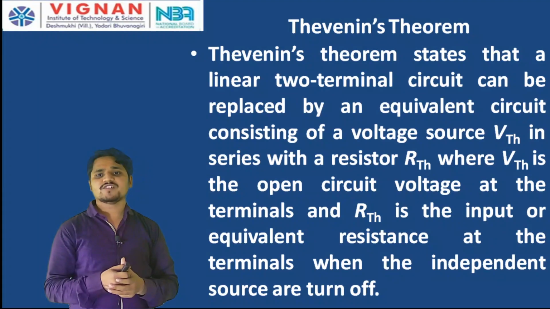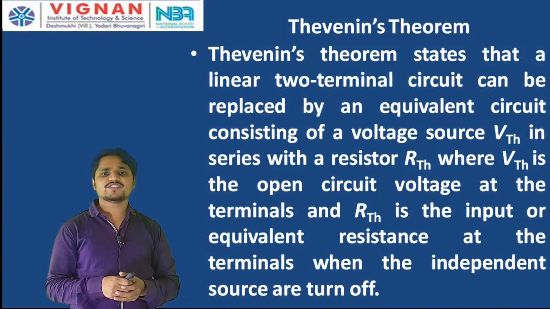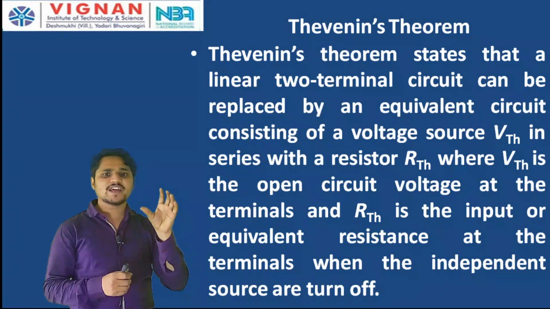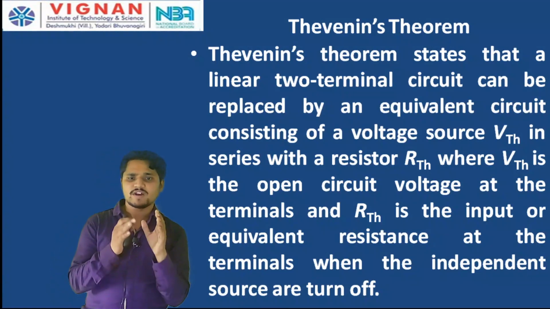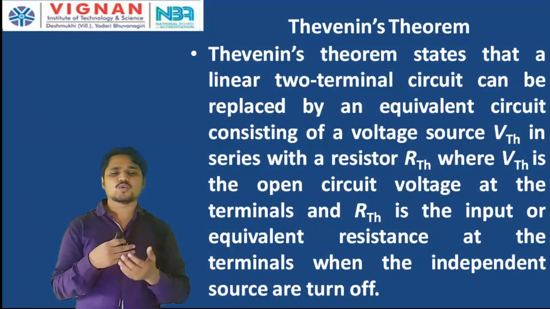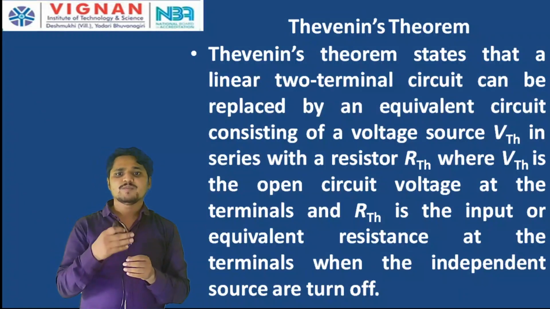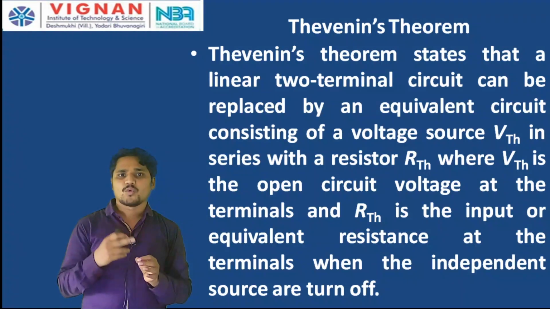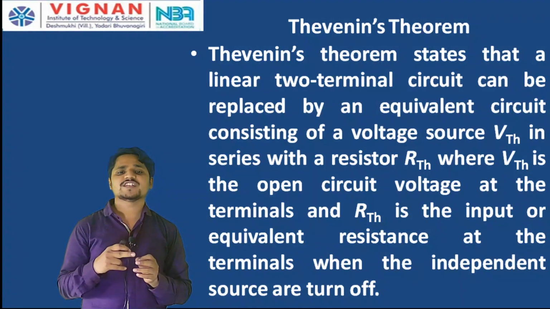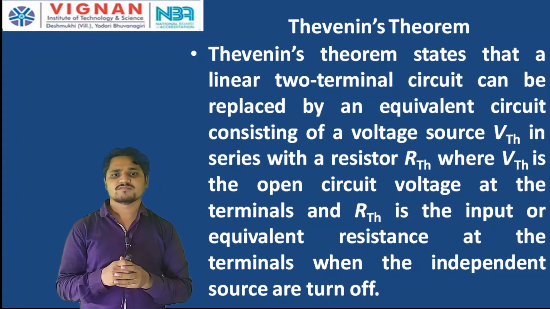What is the Thevenin's theorem statement? Thevenin's theorem states that a linear two terminal network can be converted into a simple equivalent circuit consisting of only a voltage source in series with a resistance.